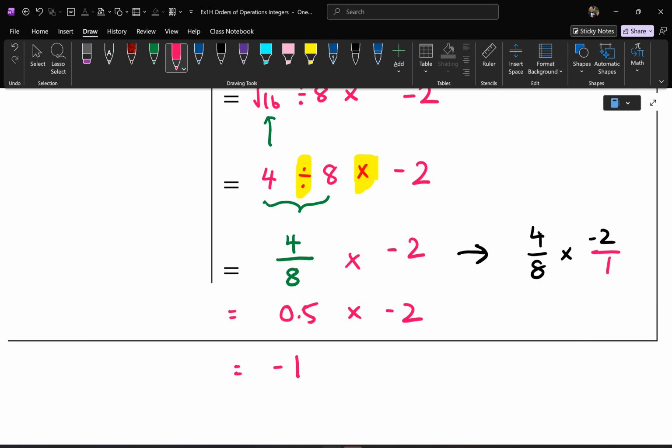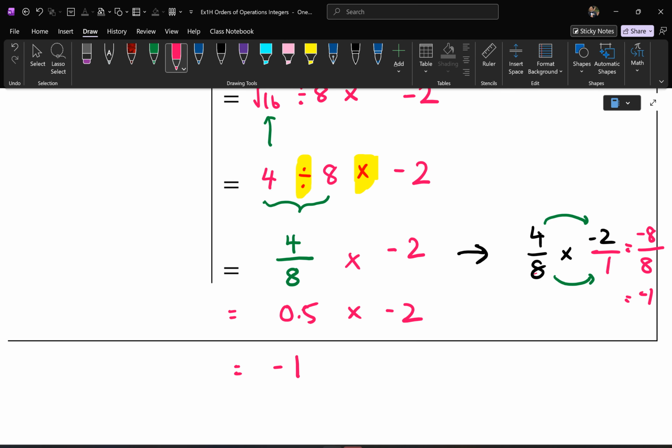Now, when you're multiplying fractions, it's top with top, bottom with bottom. So here we go, top with top, bottom with bottom. And you can see 4 times negative 2 is negative 8. And then 8 times 1 is positive 8. And you can see negative 8 divided by 8 is negative 1. That's the proper way of doing it.